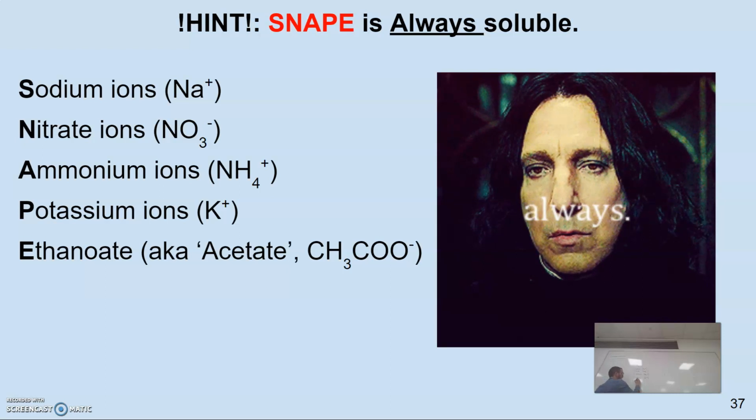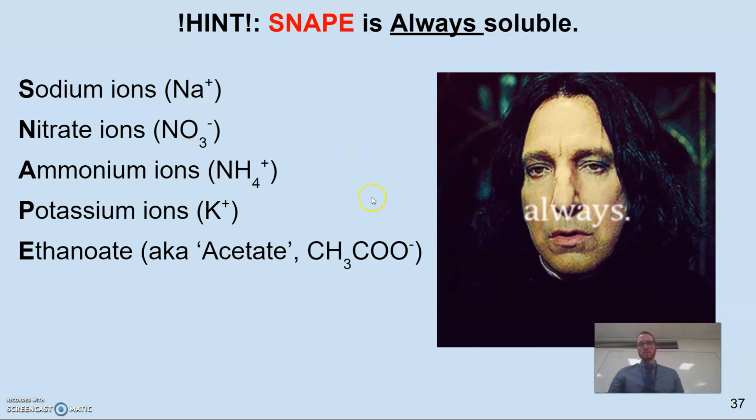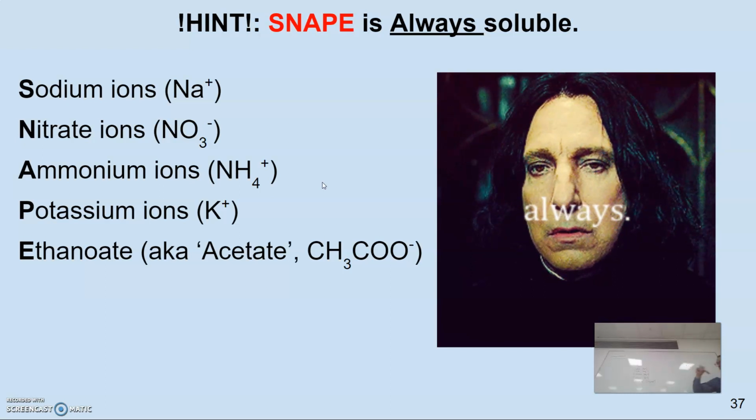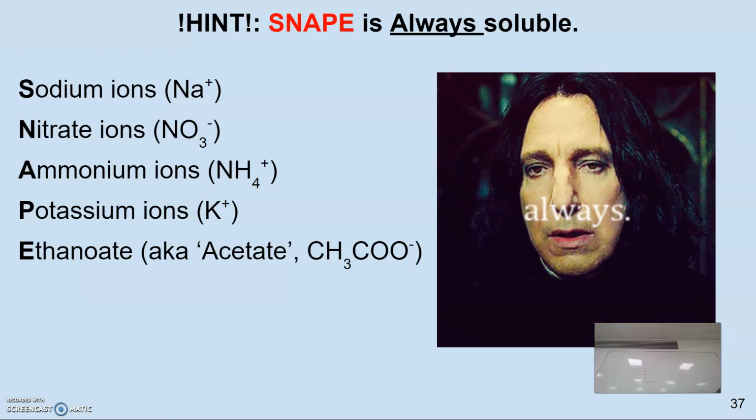And this last term, ethanoate, also called acetate. And that's CH3COO minus. Always soluble. Always. Right? So any salt, any ionic compound that's got one of these ions as a part of the compound will always be soluble. Okay?